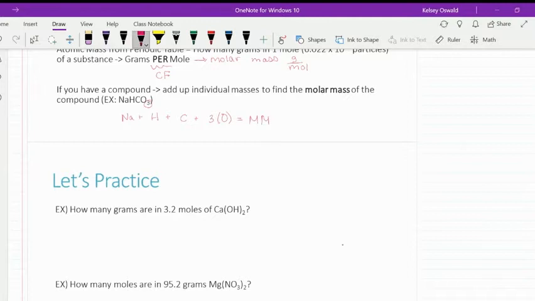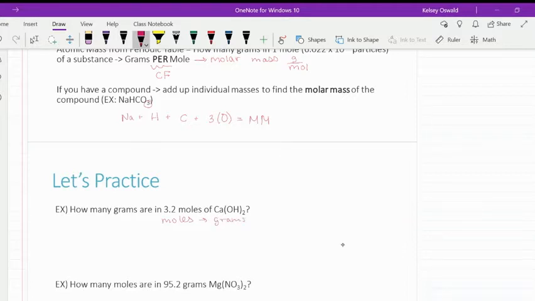All right, so in our first one, we want to see how many grams there are in 3.2 moles of calcium hydroxide, Ca(OH)2. Okay. So we need a conversion factor in order to go from moles to grams.